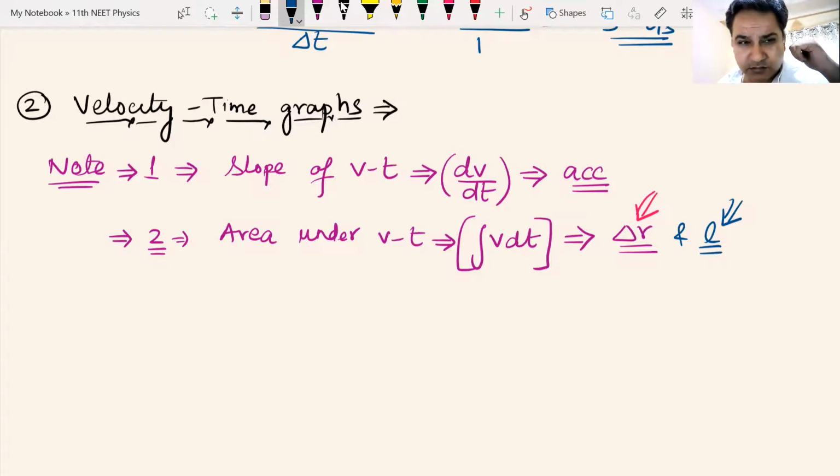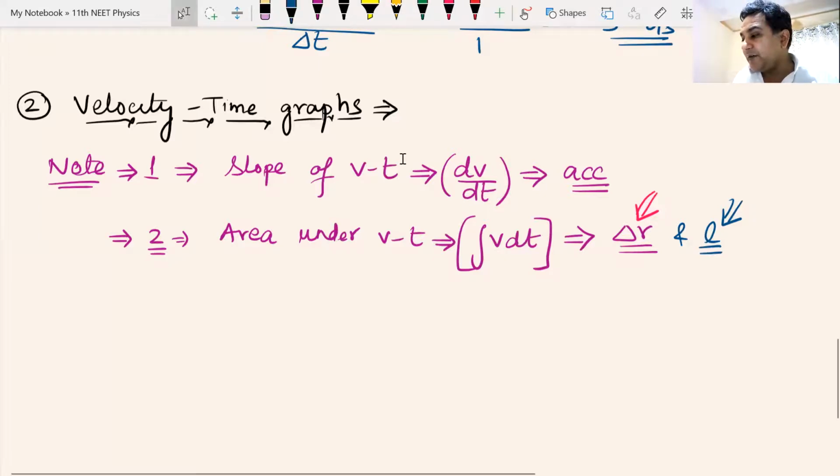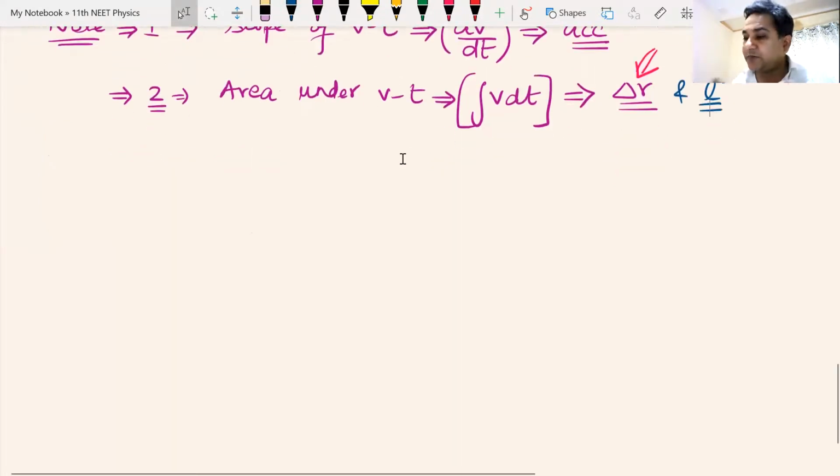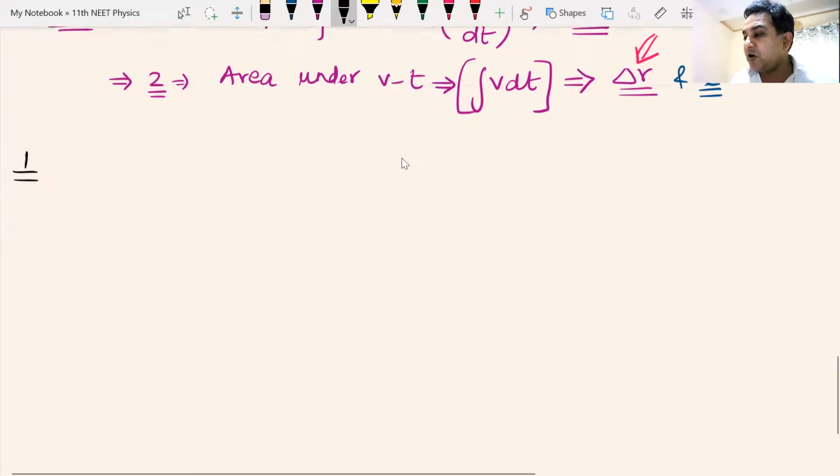One is acceleration, which is the derivative, the slope of the graph. The other is displacement or distance, which is the area under the graph. Let us now do this one by one. Let us first move on to the first type of graph, which would be the simplest of all.